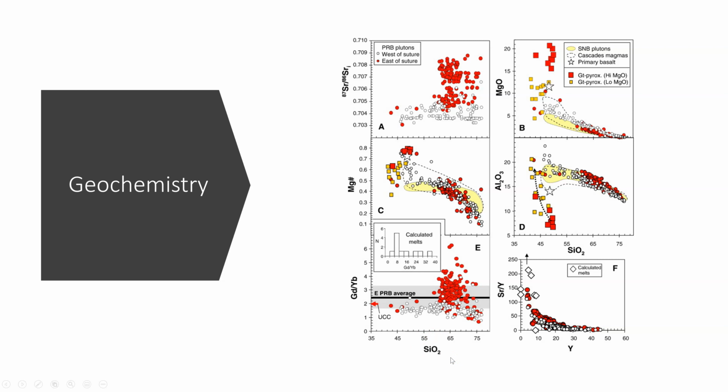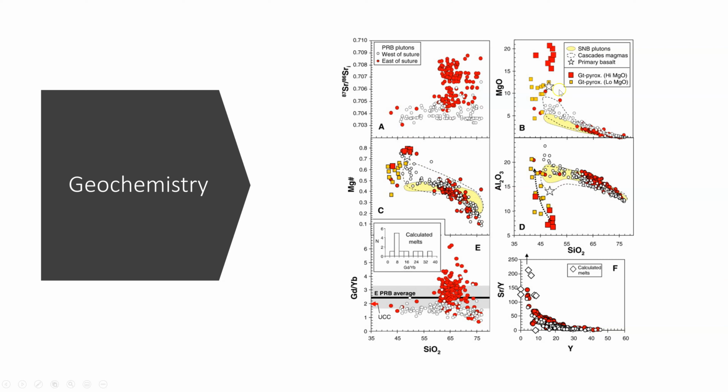So we would look at quartz crystals and decide if they look similar to quartz crystals in Peninsular Ranges versus Sierra Nevada. And then we can look at the magnesium, the aluminum, different amounts of things and compare them and see if they're similar.